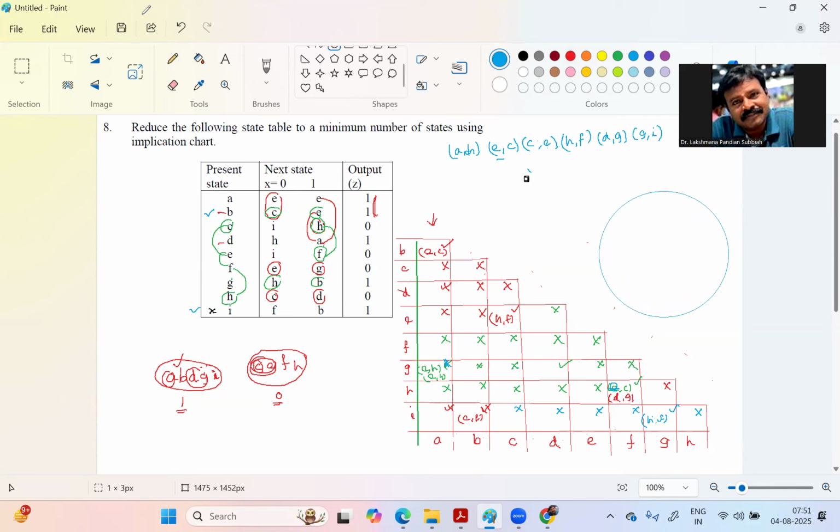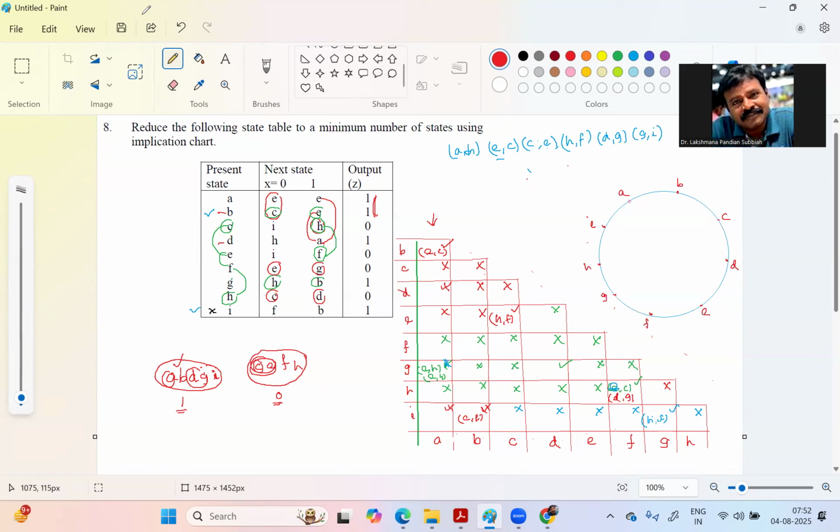Then you have to put all the states as this: A, then B, C, D, E, F, G, H, I.